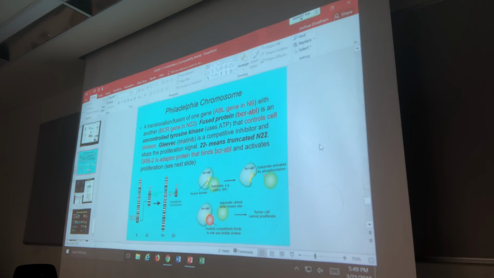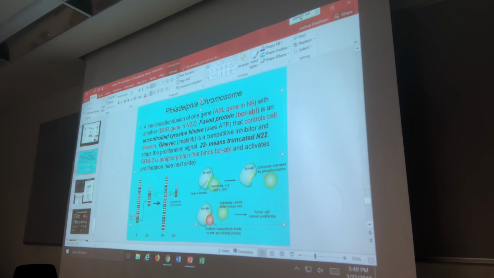Is it on here? I can't remember what it's called. I don't remember, and it's not on here, so I guess you don't need to know, but it is some type of blood cell cancer. Anyways, there are some drugs designed to combat this issue by specifically targeting this unusual enzyme that is only made in a Philadelphia chromosome.